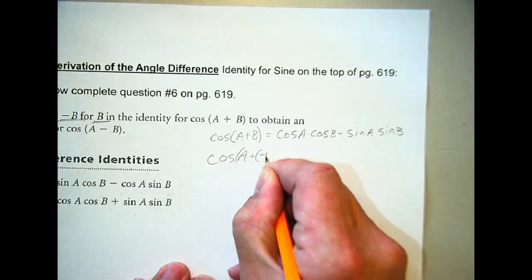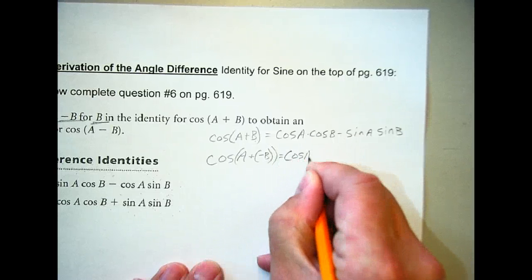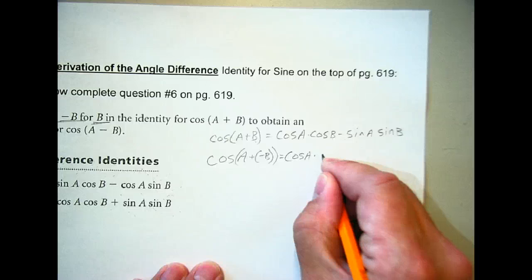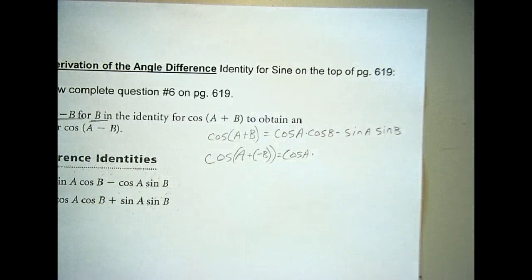So cos of A plus negative b equals cos A times cos negative b. Well, what's cos negative b? Positive b. Yeah, it's still right. If we go back to our identities, cos negative b is equal to cos b.